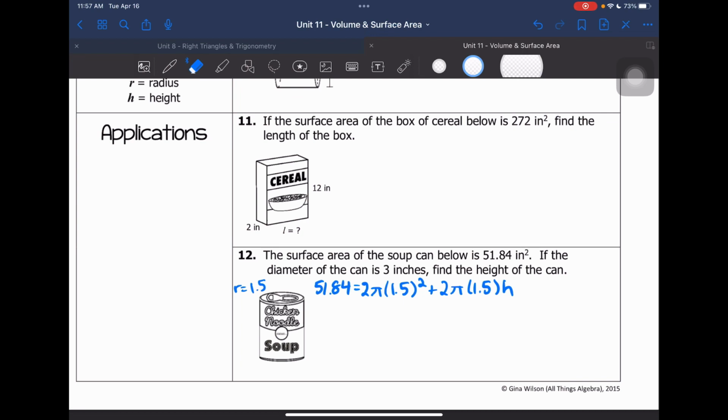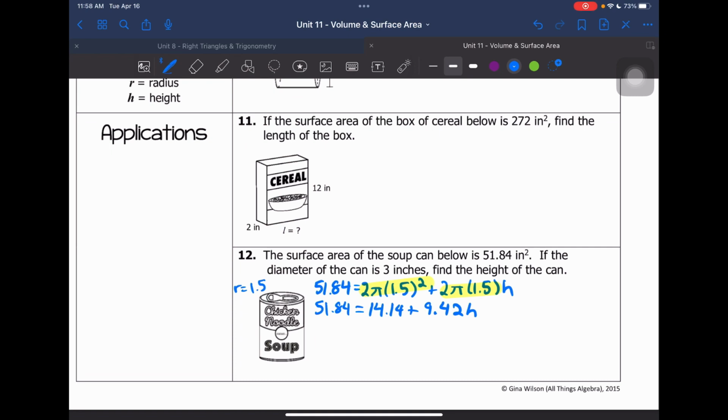All right, so what I want to do first is simplify all of this and just put that in the calculator. So 51.84 is equal to, when I evaluate that, I get 14.14 plus, and then I have to do this separately because there's the h attached to it. So I'm just going to do 2 pi times 1.5 in my calculator, and that gives me 9.42 h.